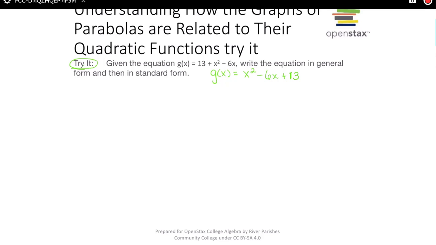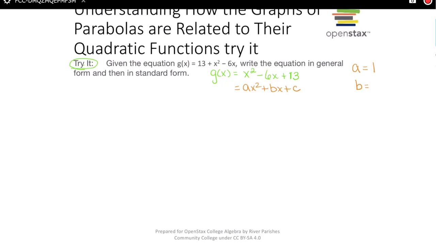Okay, so hopefully you have done what I've asked. You paused the video and then you worked the problem out. So remember, general form is ax squared plus bx plus c. Hopefully that helps you see that a is the number in front of x squared, which in this case is 1.